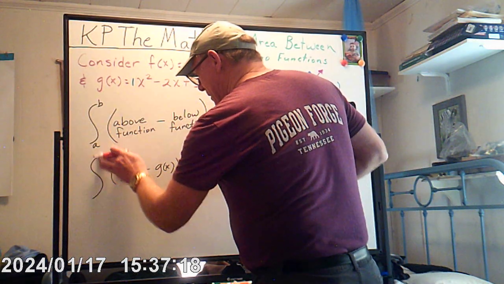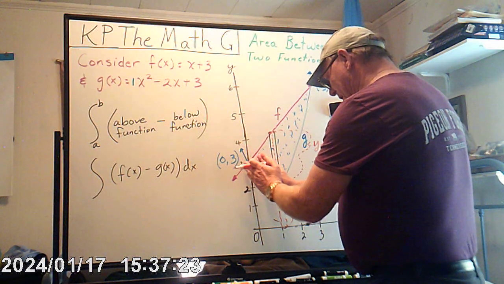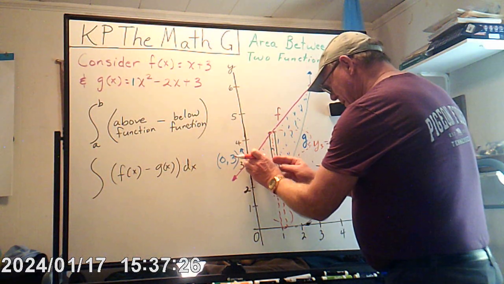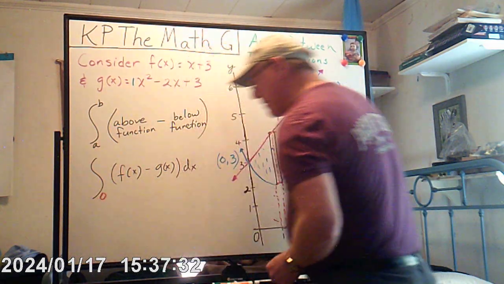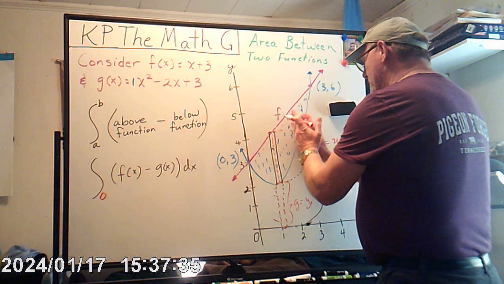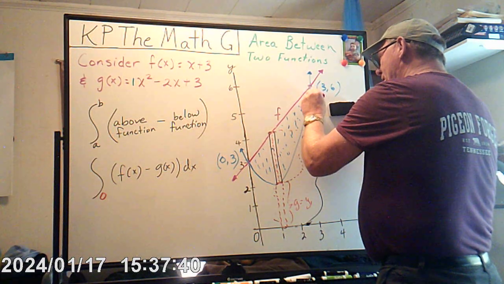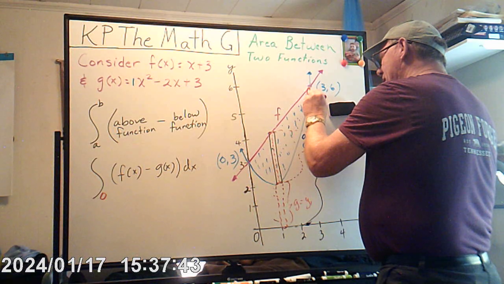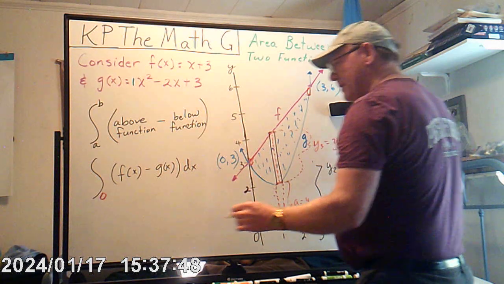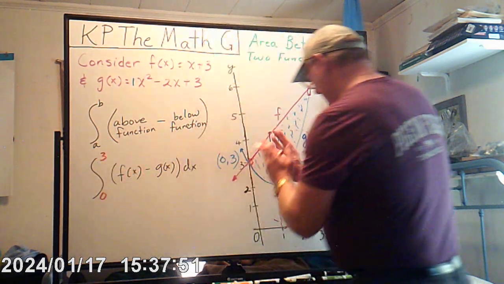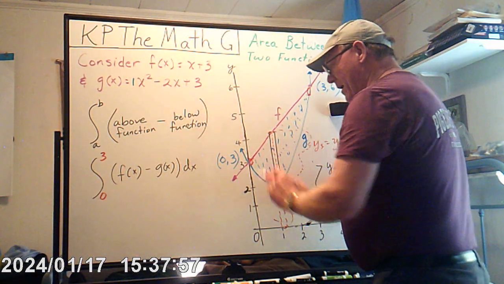So now, I'm ready to set this up. Now, I want my limits of integration. From where to where? This interval could go all the way over to 0, as low as 0, and as far up as we can go until we get to x equals 3. So from 0 to 3, this way, there it is.